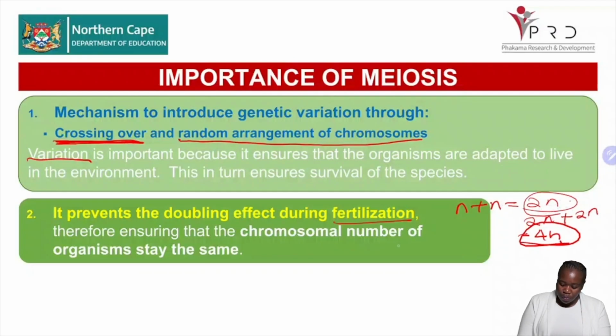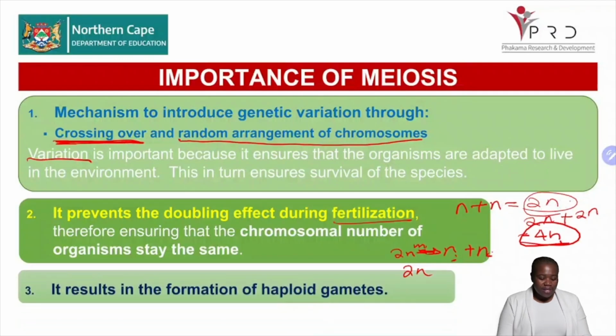So because of meiosis, we have 2N, which undergoes meiosis and ends up as N. Then this N from the other individual will combine with the N that has undergone meiosis, giving us 2N again. So essentially, meiosis keeps the chromosome number the same from one generation to the next.